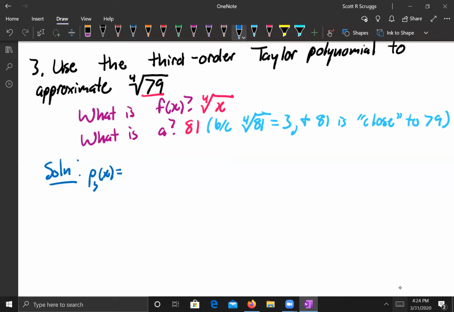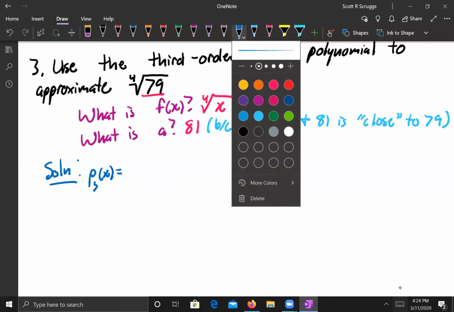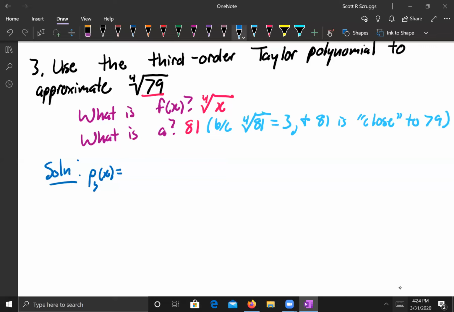So since it's going to be something ugly, let's go step by step, and I'll ask how it's going from there. So, third order Taylor polynomial. Need to know my function f at the center, which is 81.